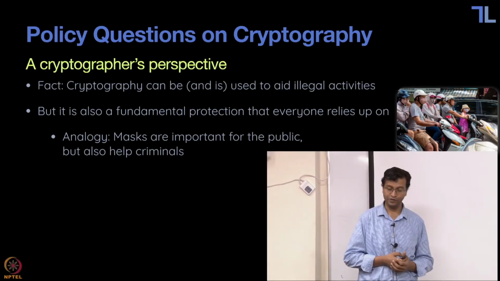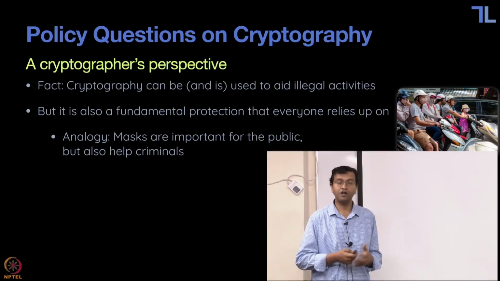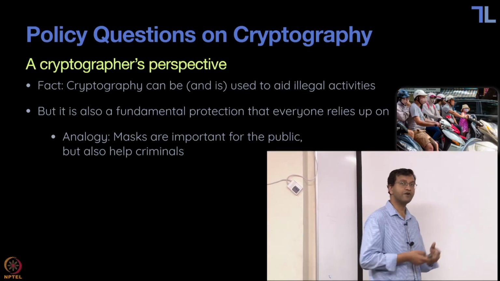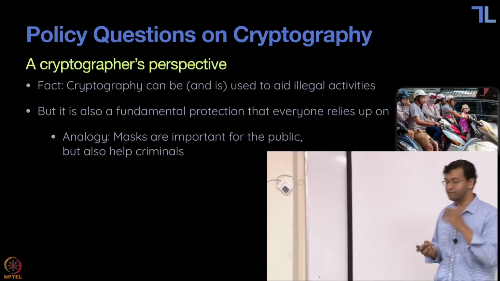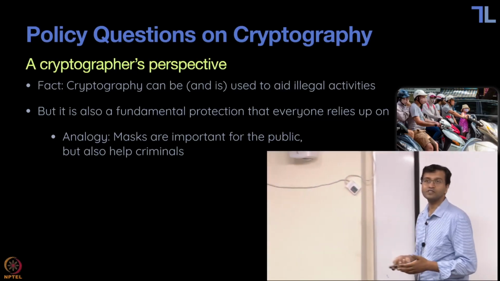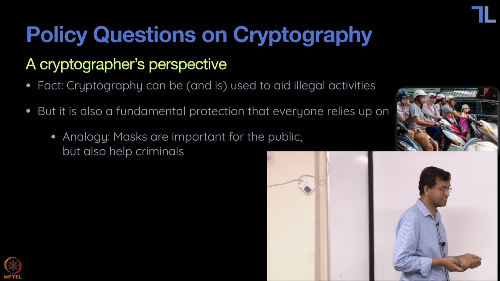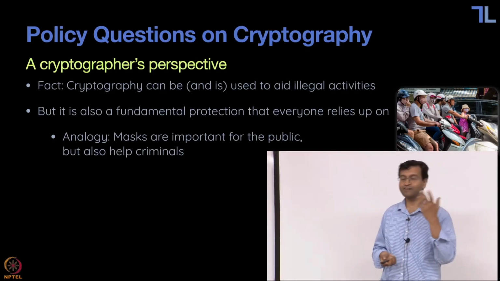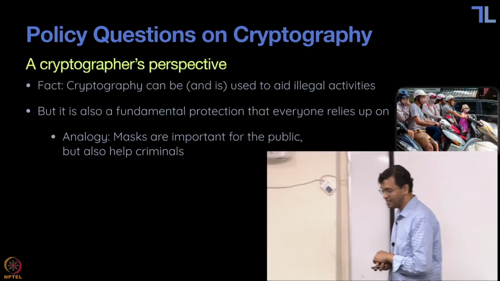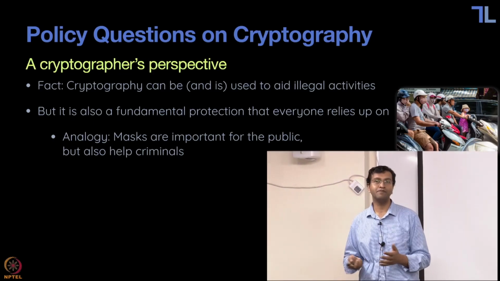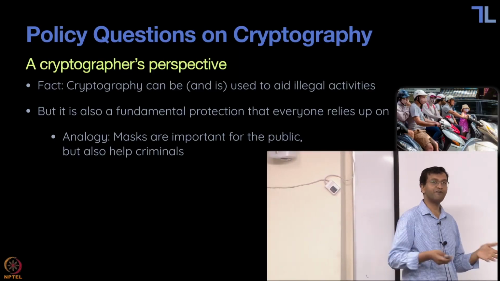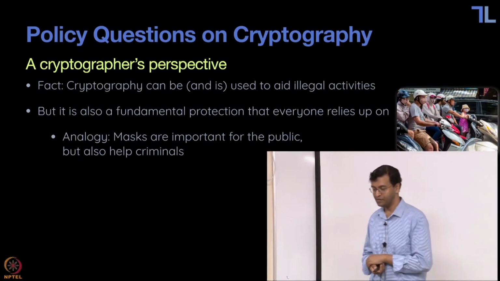We used them in the pandemic a lot, but they also help criminals. So if you outlaw masks, if you say nobody should wear a mask, well, it comes at a cost, right? Maybe a few criminals wearing masks and robbing a bank is not as problematic as everybody falling sick and a lot of people dying.